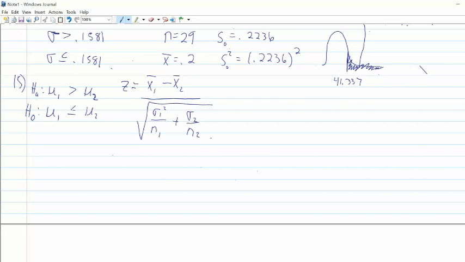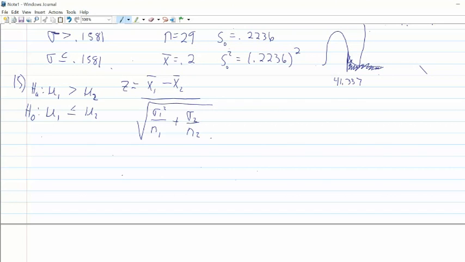All right, so this is quite a calculation, because you've got to be careful. You've got to do all these different calculations correctly. You were given standard deviations in the problem instead of a variance, so you might want to write those down.